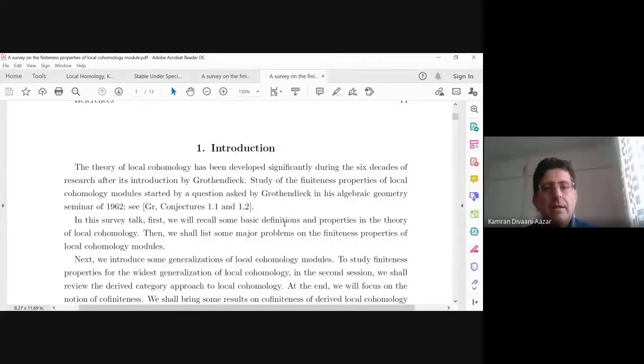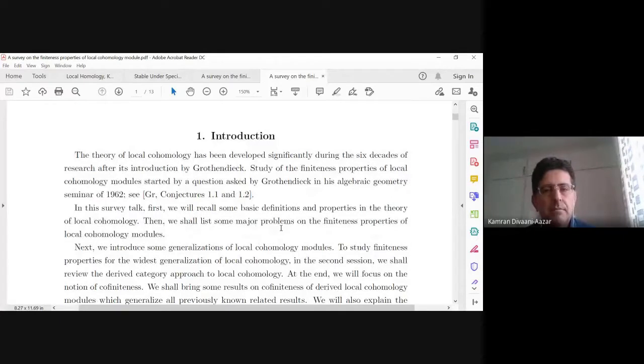In the very early beginning of this theory, Grothendieck asked a question that I will tell you in the 3rd part. And that question was a starting point for what we now call the finiteness problem in local cohomology.